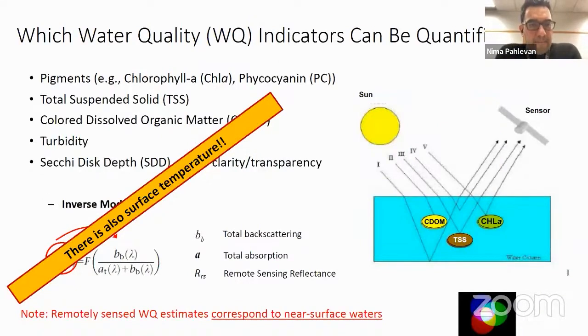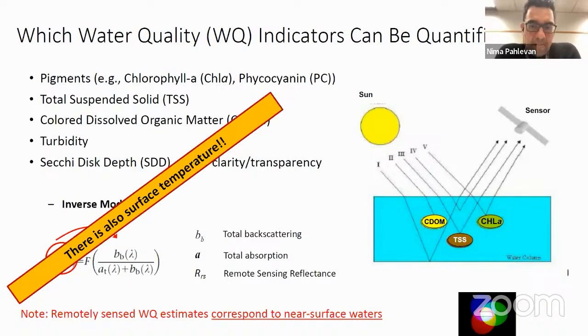Here are some parameters that can be retrieved from satellite observations. Those include pigments, including chlorophyll A or Chl-a, phycocyanin or PC, and many other pigments.